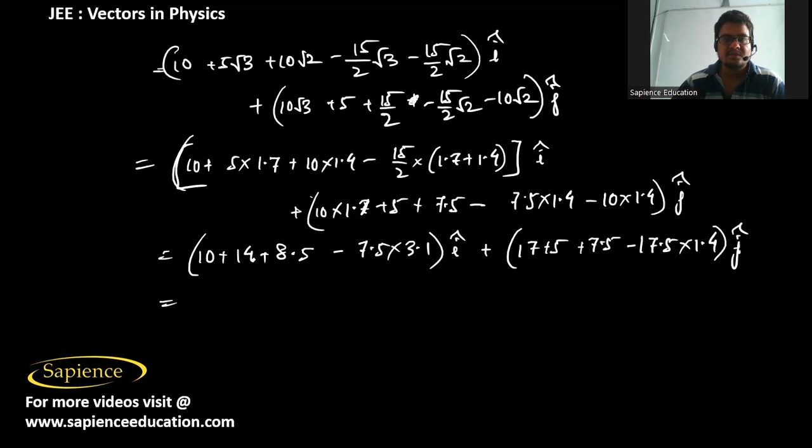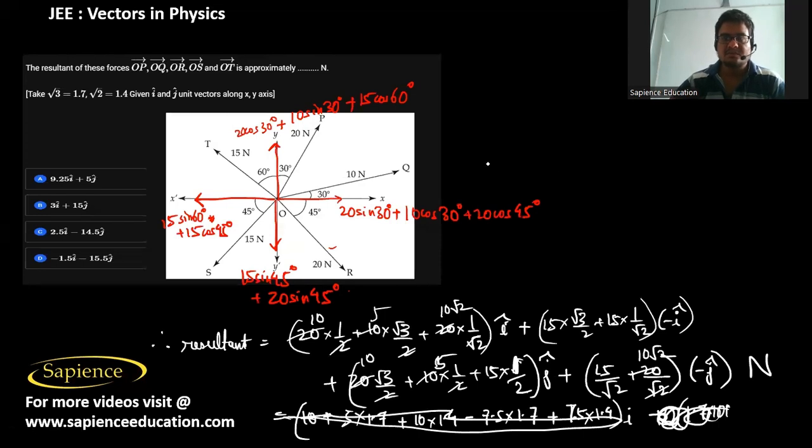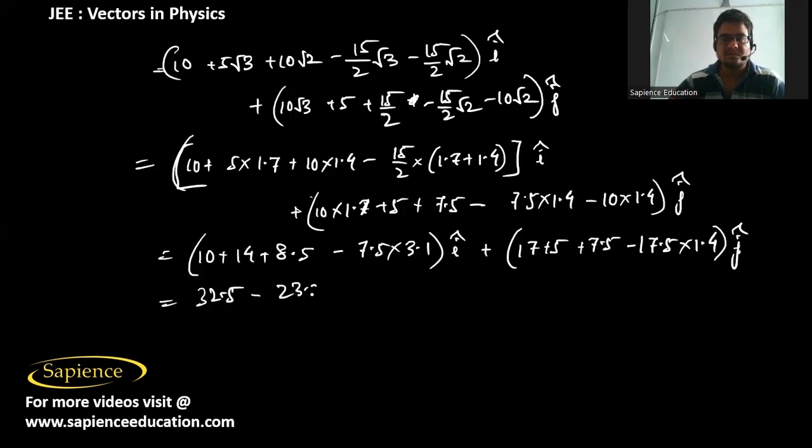So this will be 10 plus 14, so 24 plus 8.5, that is 32.5, minus 7.5 into 3.1. 7.5 into 3.1, that is 5 is 5, 1 is 7, 3 5 is 15, 3 7 21, 22. So 5, 12, 3, 2. So it is 23.25 I cap. Then plus this will be 17 plus 5, that is 22, plus 7.5, that will be 29.5, minus this is 17.5 into 1.4.